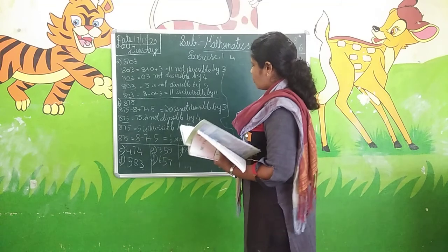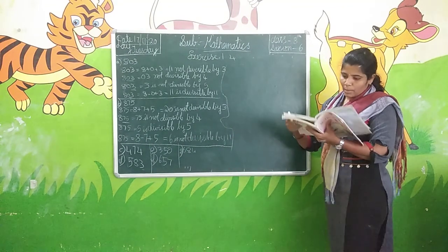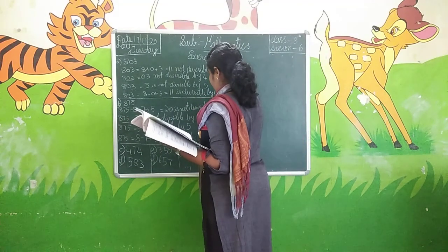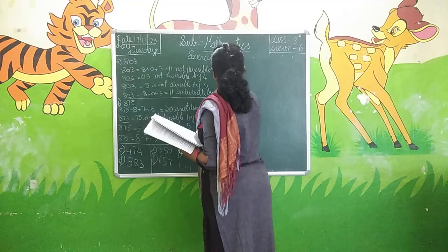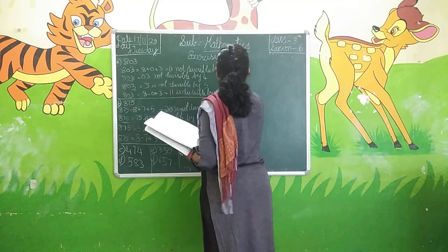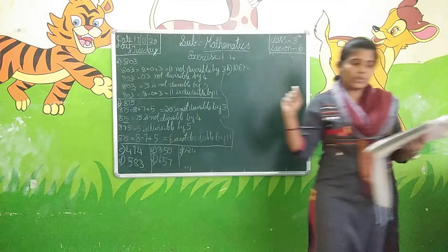So we will go for the next numbers, which are given as 4-digit numbers. EFGH1 now, that is 1067. Okay, students, we'll do it now.